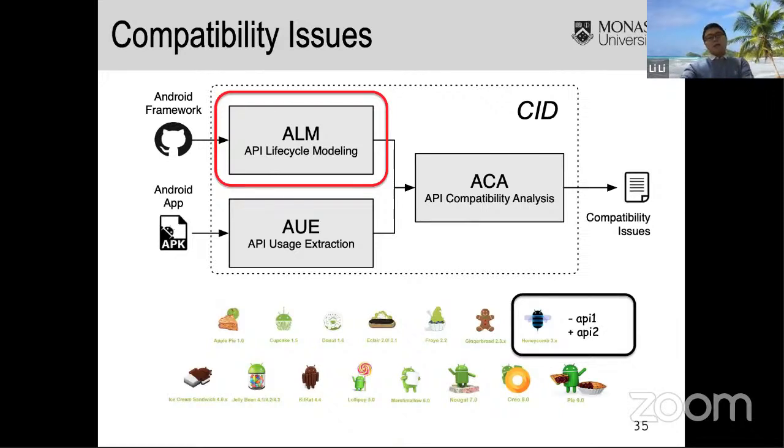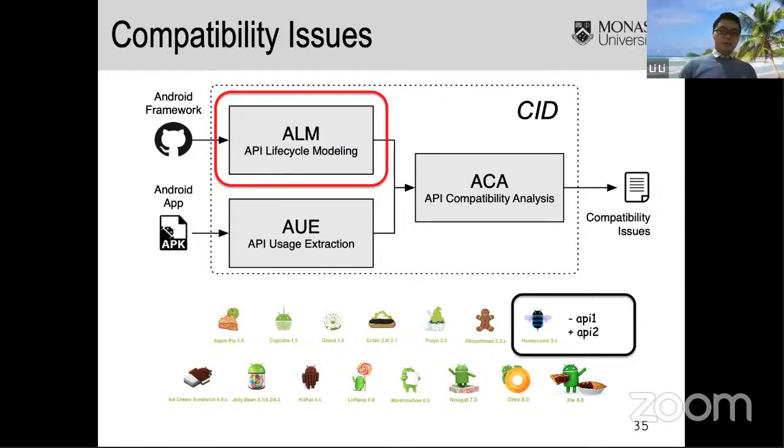In Android, the Android framework has been regularly releasing new versions, and each version is named after a candy, at least for most of the previous versions. In each version, they might delete some APIs and also introduce some new APIs, right?